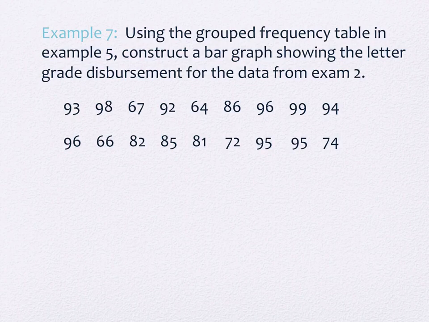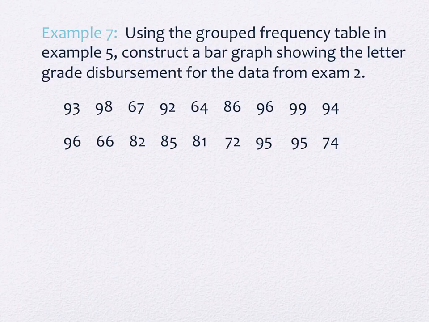But at the end of the whole thing, when I go into Banner and I put your actual grade in, I don't put in 92 or 84, right? I put in A or B, and they're no longer on a continuum, right? They're categories of things. So we're thinking about this data from a category standpoint when we're doing bar graphs, but from a continuum standpoint when we do histograms, okay?